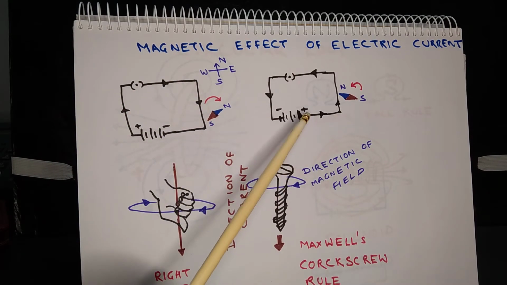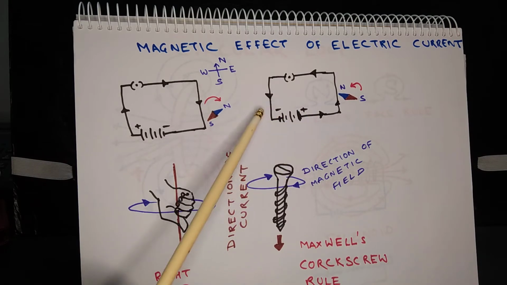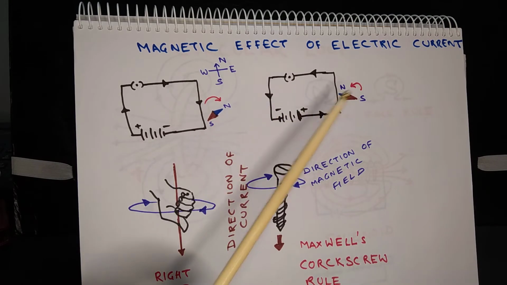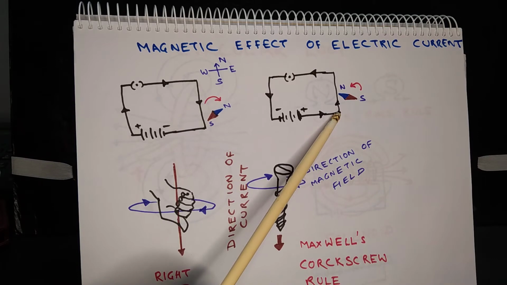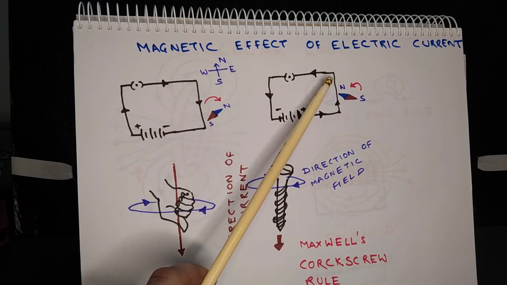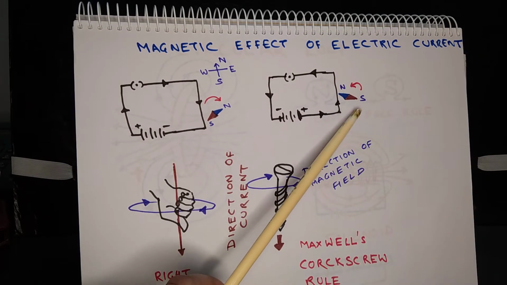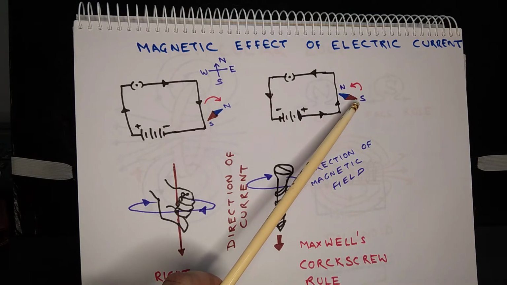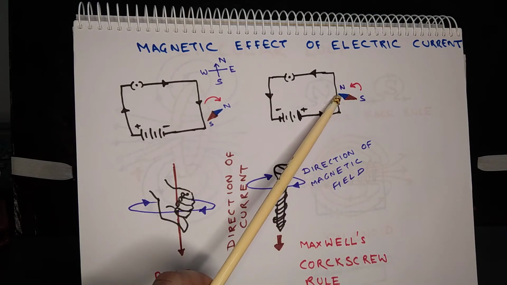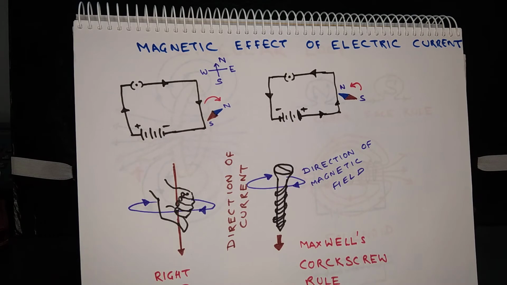Now let us see what happens when the direction of the current is reversed. So now the positive terminal comes here, and the negative terminal comes here, so that the direction of the current is from south to north in this wire. In this case, the deflection in the magnetic compass needle is towards the west. So this shows that the change of current has a particular effect on the magnetic compass.